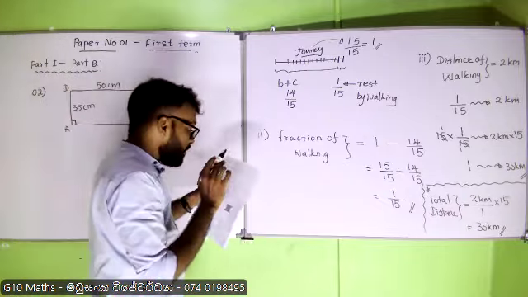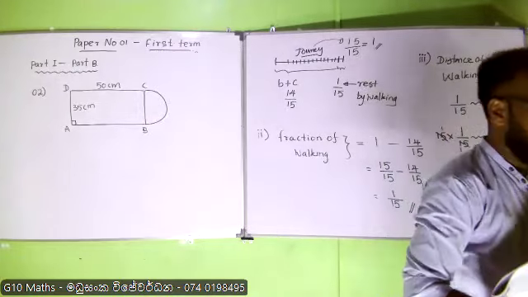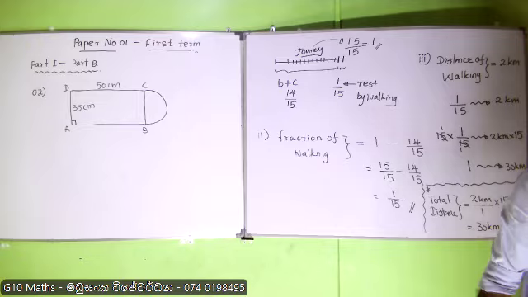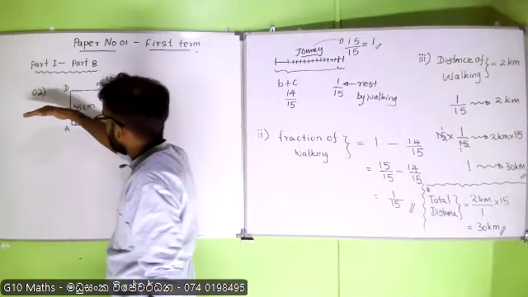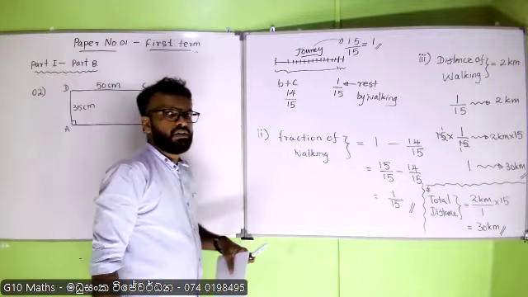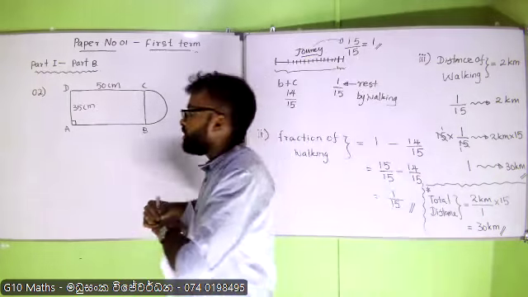What is the maximum distance of the flower bed? So they are asking what is the maximum length of this flower bed. So where can you find the maximum length of this flower bed?